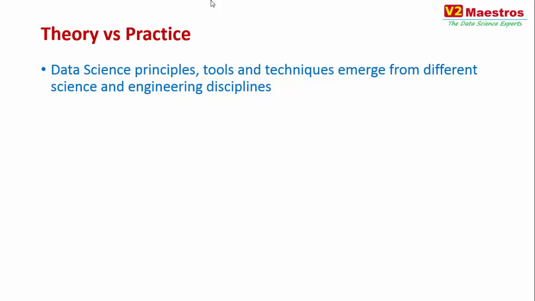Theory versus practice. We want to touch upon this particular thing of theory versus practice. Data science principles, tools, and techniques emerge from different science and engineering disciplines. They come from computer science, computer engineering, information theory, probability and statistics, artificial intelligence, and so on.